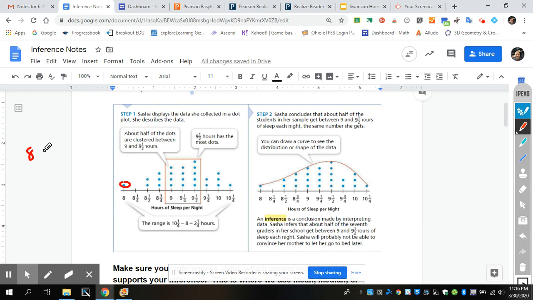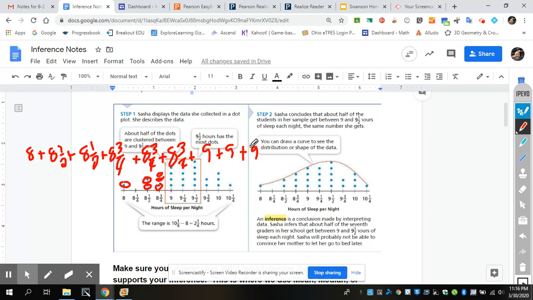So we're going to go 8 plus the next dot is 8.5 plus another 8.5, because I have another dot on that 8.5, plus an 8 3/4, because I got another dot there, plus another 8 3/4, plus another 8 3/4, because I got 3 of those, and then 9 and 9 and 9, and I will keep doing that until I add all those dots up.